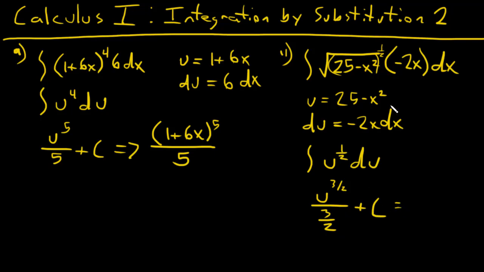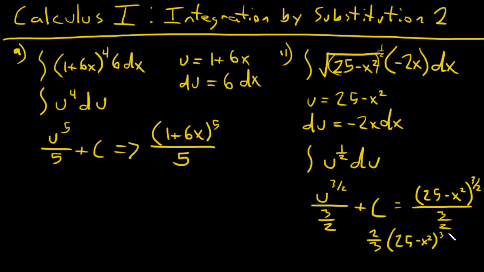And now I can substitute back my x expression for my u, and get (25 minus x squared) to the 3/2 power over 3/2, which if I really wanted to make it nice, it would be 2/3 times (25 minus x squared) to the 3/2 power, plus c.